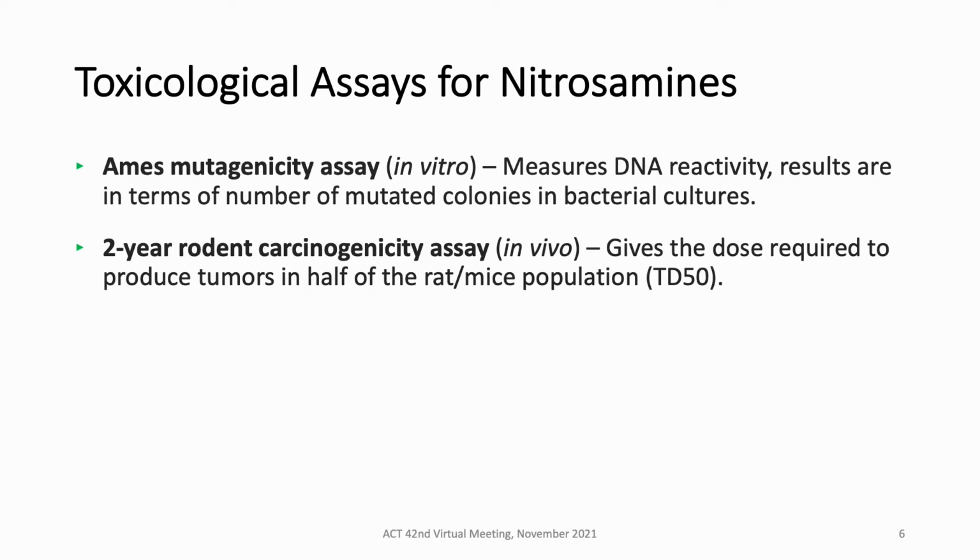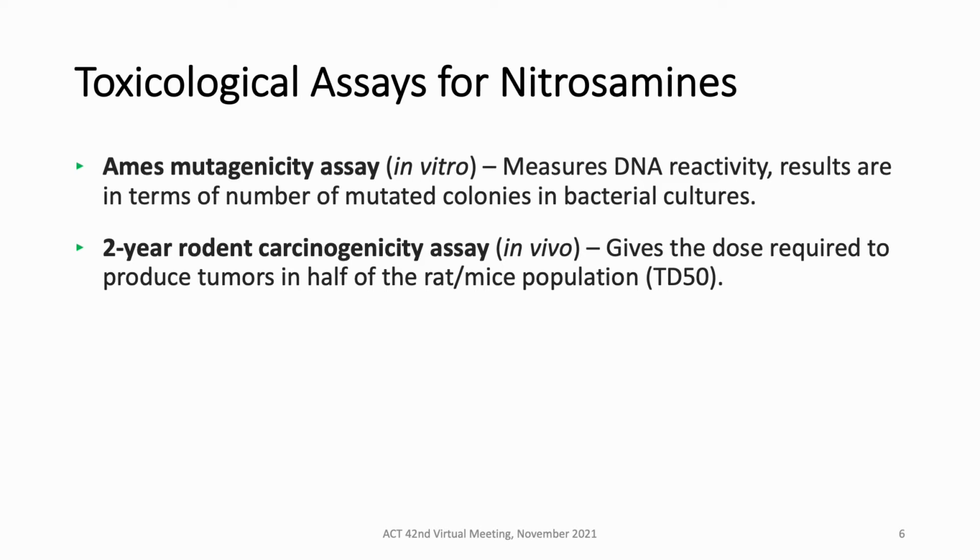The Ames test is an in vitro test which measures DNA reactivity in terms of bacterial mutated colonies in the bacterial cultures, either in Salmonella or in E. coli. But it doesn't measure really well the carcinogenic potency. It just tells you if the nitrosamine or any other compound that is tested in this particular assay is going to be mutagenic or not.